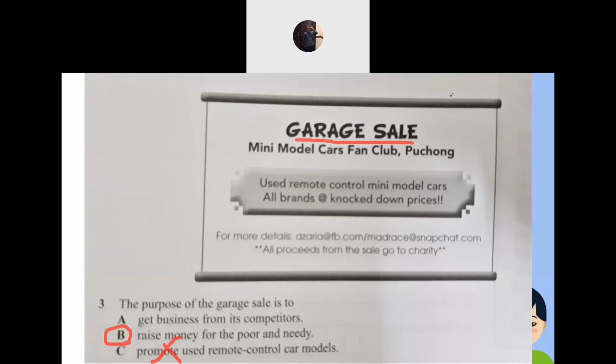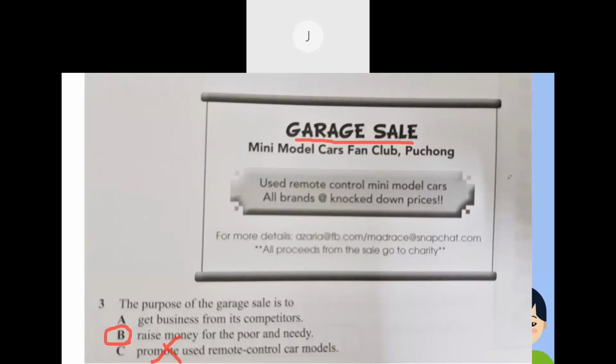It's a garage sale. A garage sale means you sell something in your garage. Sometimes you sell the things that you do not want, like second-hand things, and people will visit your garage and buy things from there.